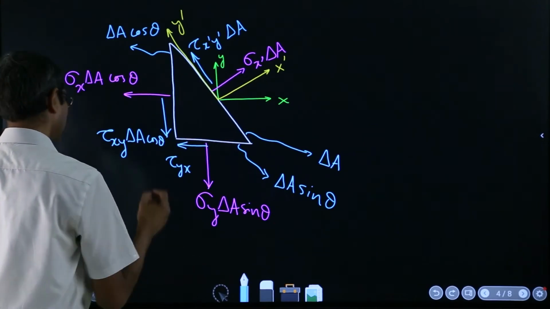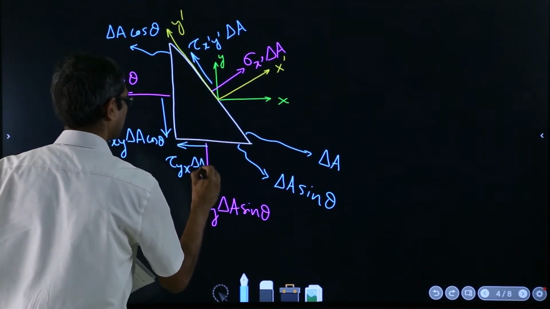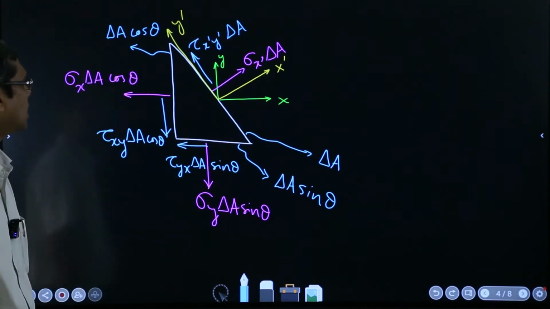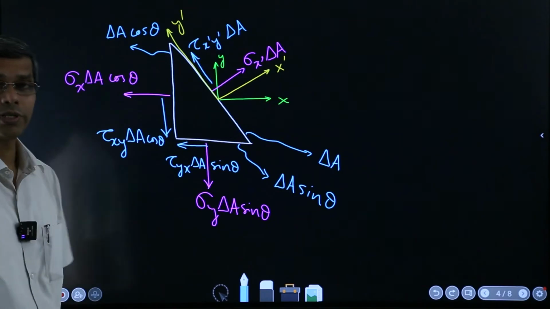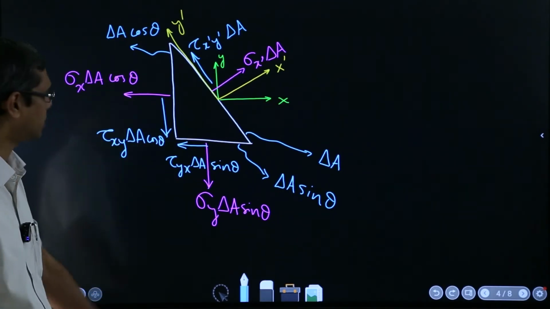By the way, they are same, right? Tau yx equal to tau xy, delta A sine of theta. So, these are all the forces which we have now drawn on this small element.